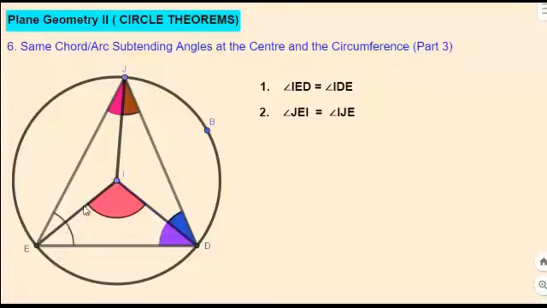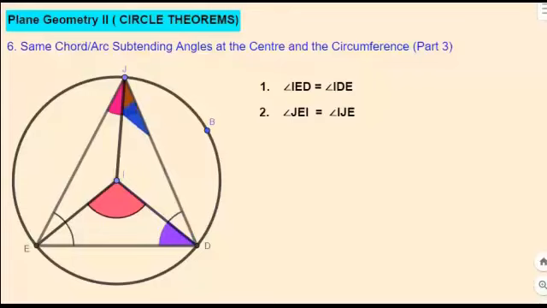If angle JEI is 30 degrees, then it means that angle IJE is also 30 degrees. Let's move on. Let me move angle JDI. And let's see what happens.